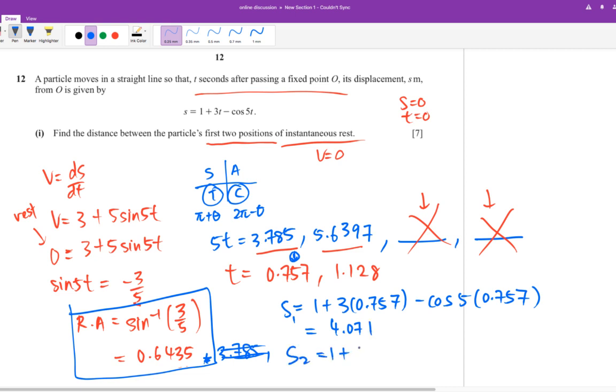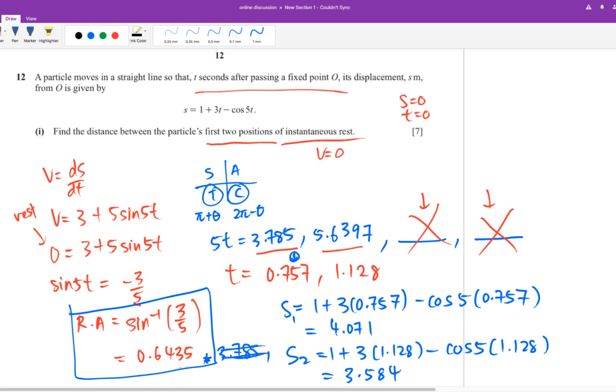Then I will find S2. I will do the same thing, but I will sub 1.128 into the t here. Then I should be able to get another answer, 3.584.